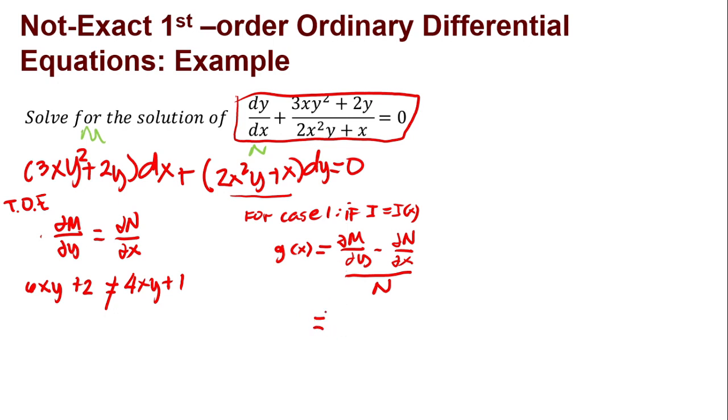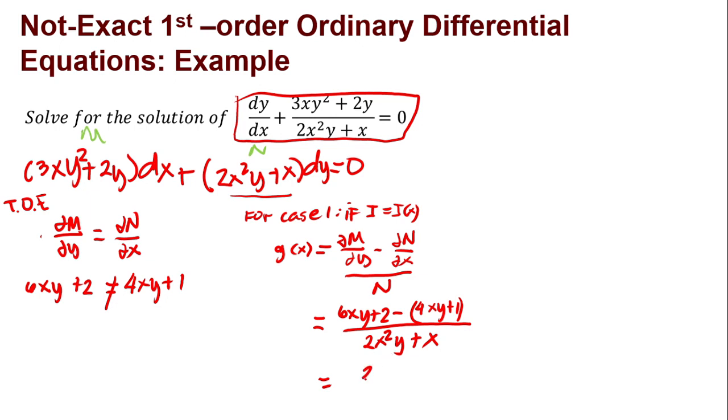This one is just equal to 6xy plus 2 minus the partial derivative of n with respect to x, which is 4xy plus 1, then divided by the value of our n, which is 2x squared y plus x. Then we simplify this one.